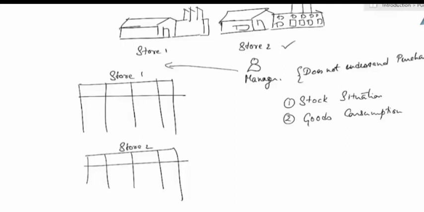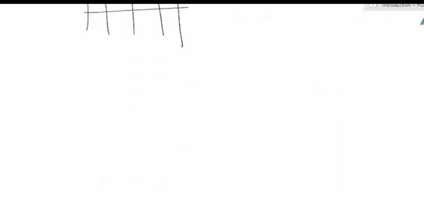If store 2 is just nearby, I can just go there and then get the picture. Imagine store 2, store 3, store 4, store 5. I cannot be everywhere. I need some kind of a system that gives me a picture of the stock situation in any store that I own. How do you solve that problem?